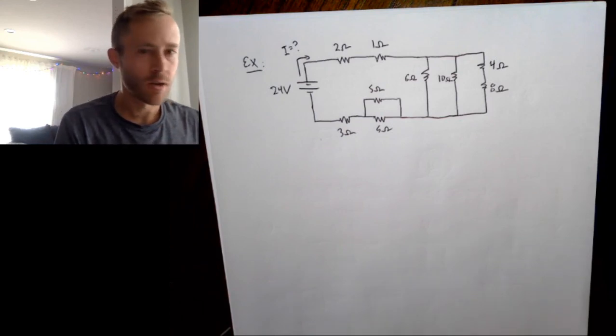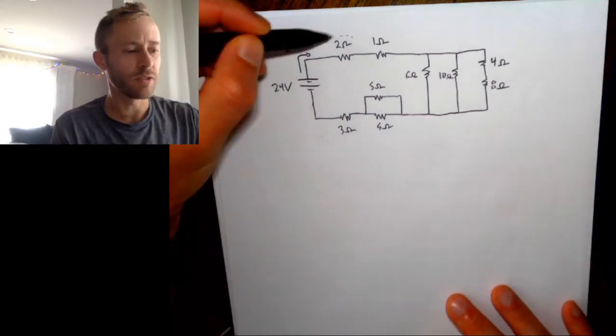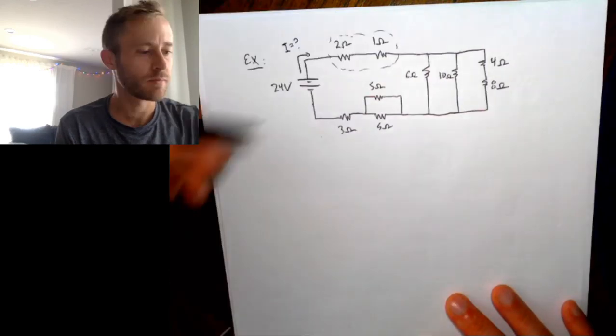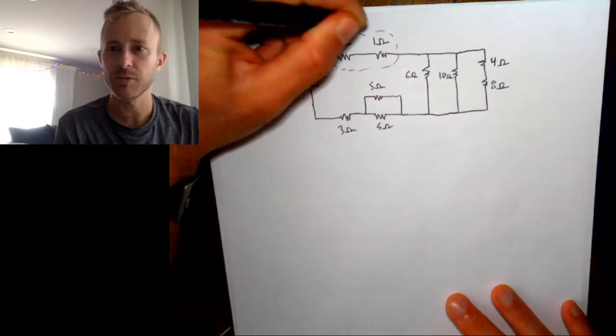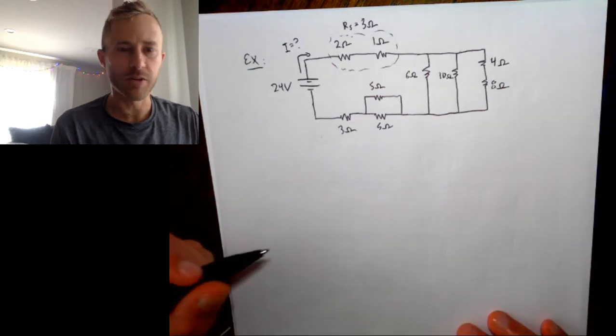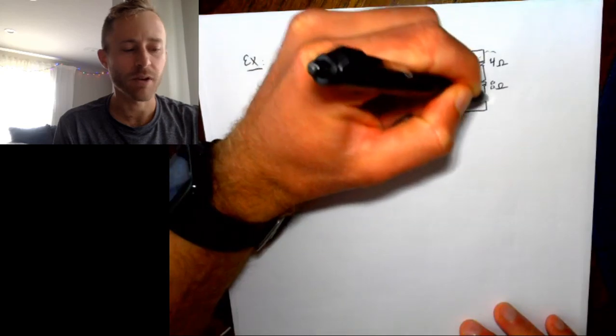Okay, so one of the things I noticed first of all is that these 2 resistors are in series. So I should add those 2 resistors together and get 3 ohms. Okay? Another thing you'll notice is that these 2 resistors are in series.